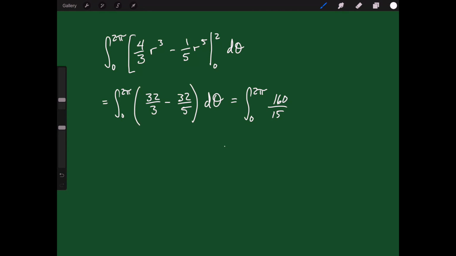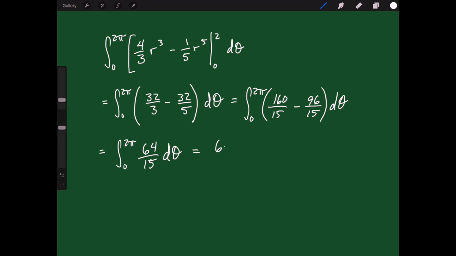And then if I wanted to multiply 32 times 3, I suppose that's 96 over 15 d theta. And so I can rewrite this as integral from 0 to 2 pi of, let's see, 160 minus 96, which is 64 over 15 d theta.